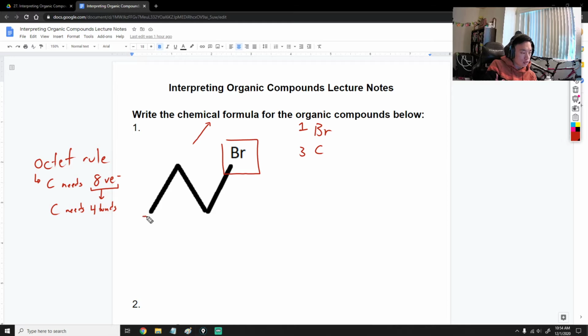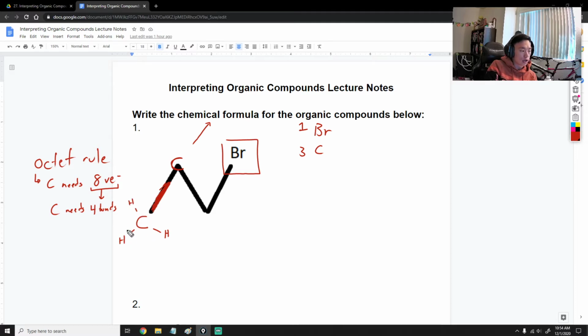We know there's a carbon right here, and there's a connection between this carbon and another carbon right here. This is a single bond, but carbon has to have 4 bonds. Since this carbon has 1 bond with the other carbon, it needs 4 total, so we need to add 3 hydrogens.